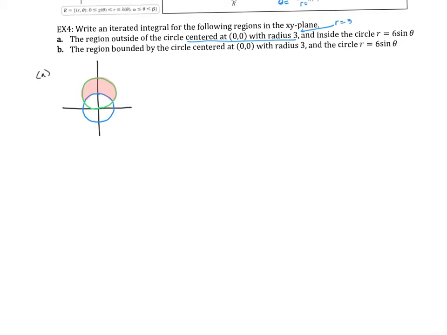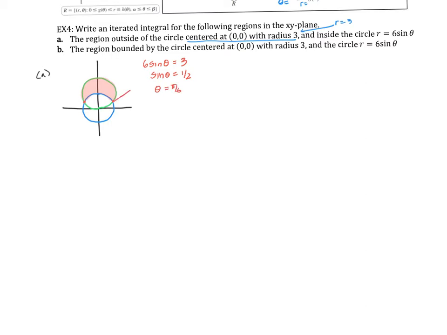So first of all, we have to determine our theta values. We're going to look at where these two circles intersect. So I could simply set them equal to each other. I'm setting 6 sine of theta equal to 3, or in other words, sine of theta equal to 3 divided by 6, so 1/2. Notice that sine is equal to 1/2 when theta is equal to pi over 6.